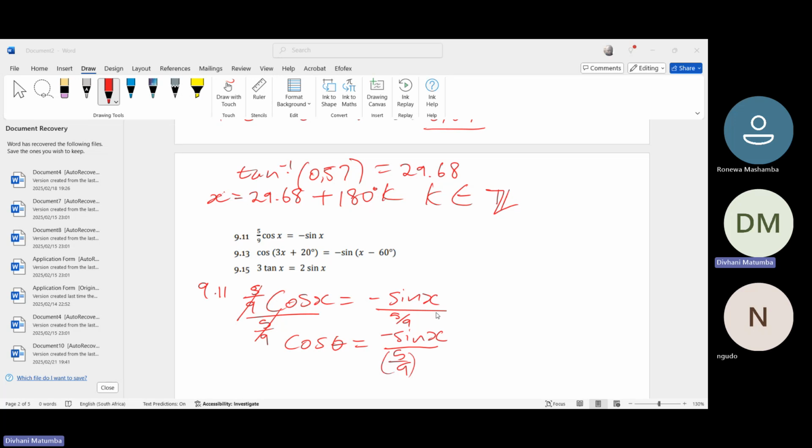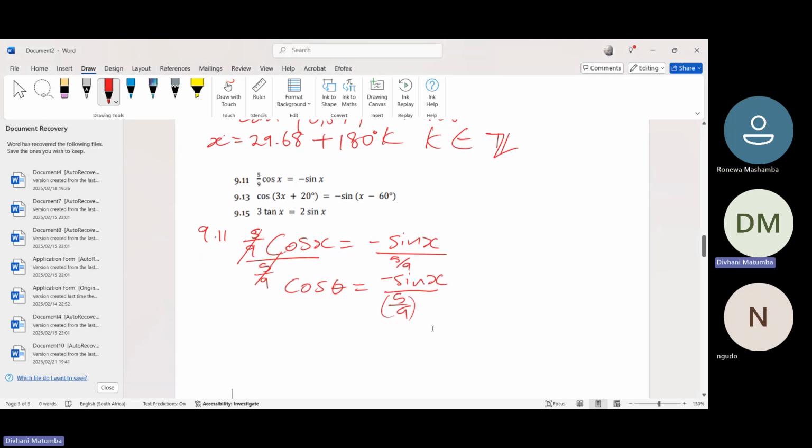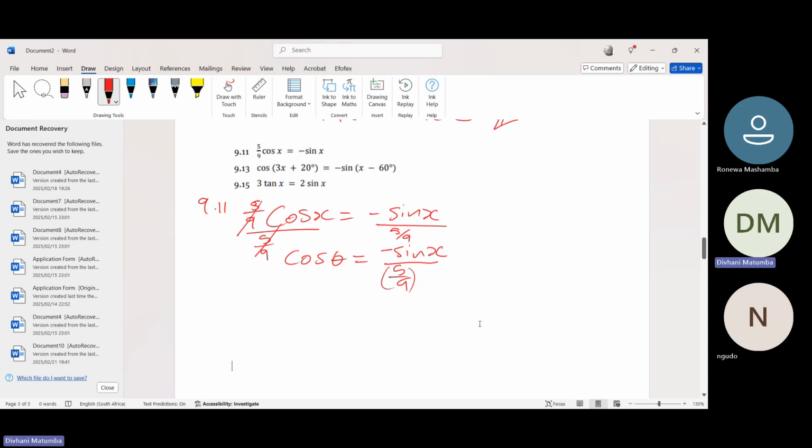Now the aim of the general solutions is you need to ensure that you have one ratio, either a sine or a cos or a tangent.